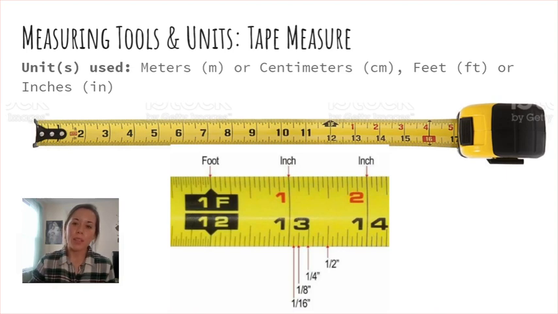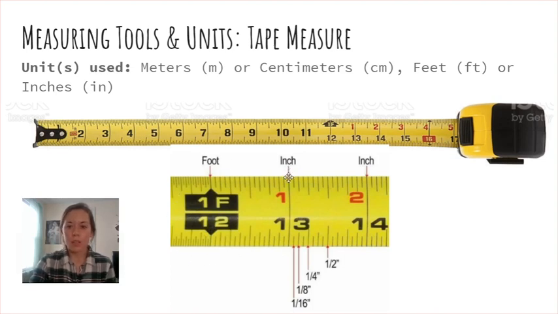Getting back to the tape measure, we can see here that this one is representing the inches more so than meters or centimeters. Unlike a lot of other ones, it represents the different foot, and how 1 foot is equal to 12 inches. We know that, but it's nice to have an actual visual to let us know.